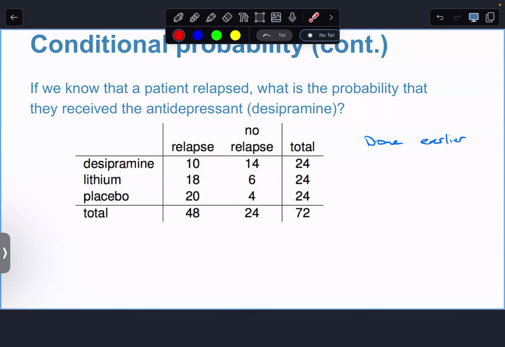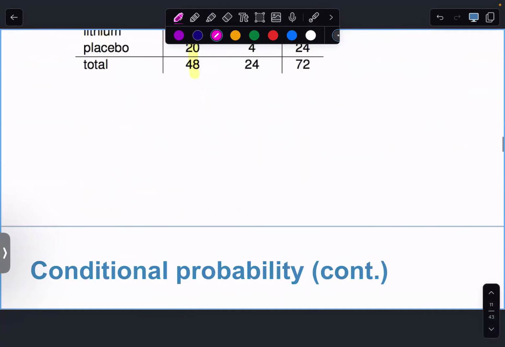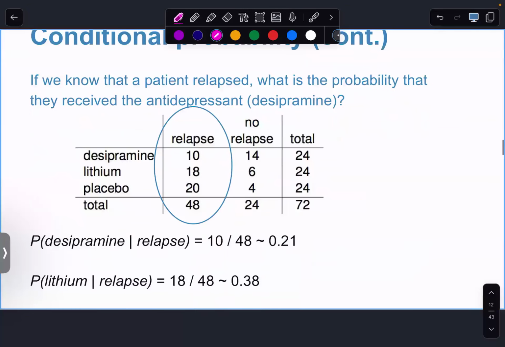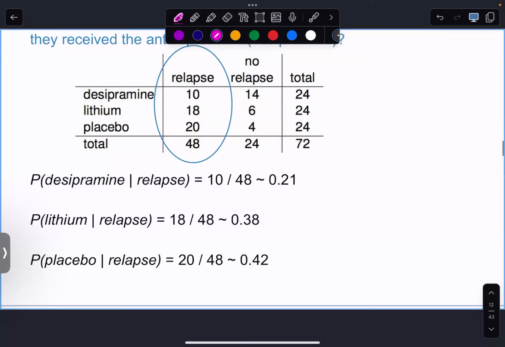Let's do it again. What's the probability that they received the antidepressant? So now we know that they relapsed, and we want to know 10 over 48. That's the one we did. That's kind of boring. We've got more fun things here. We can do the same thing for each of these groups.